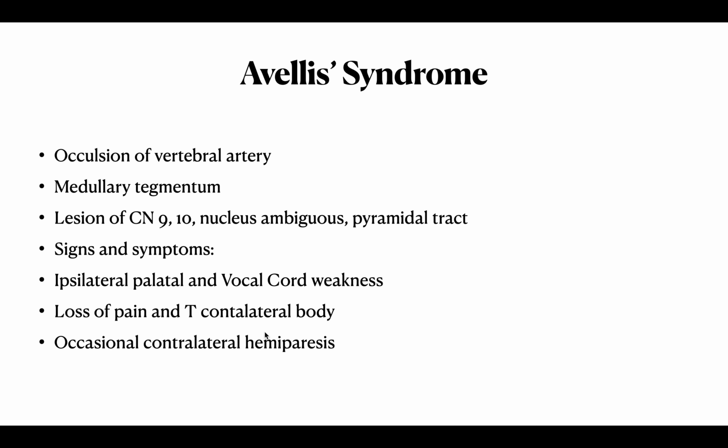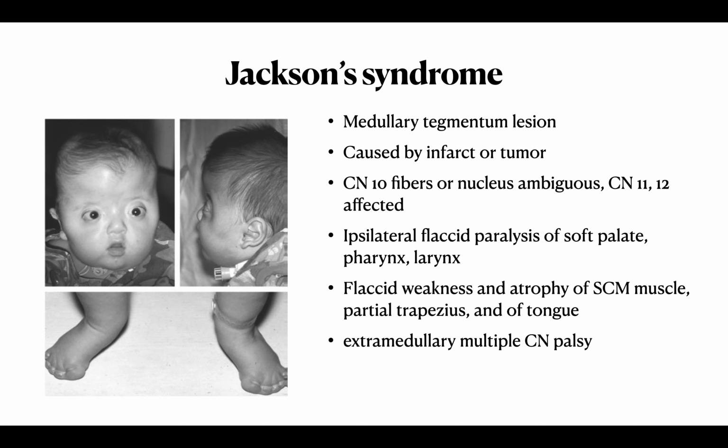Okay, in Jackson syndrome, there's going to be a lesion in the medullary tegmentum, and it is either caused by an infarction or a tumor. It's involving cranial nerve 10, along with the nucleus ambiguus, and then cranial nerves 11, 12. What's going to happen?